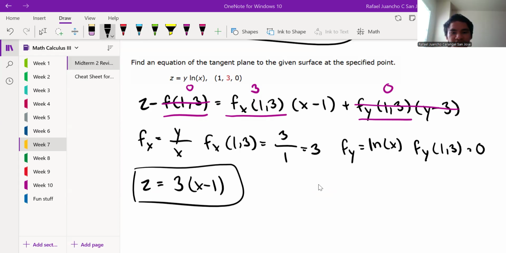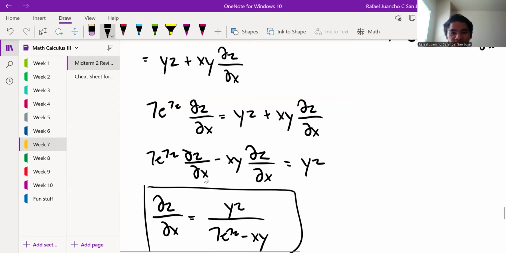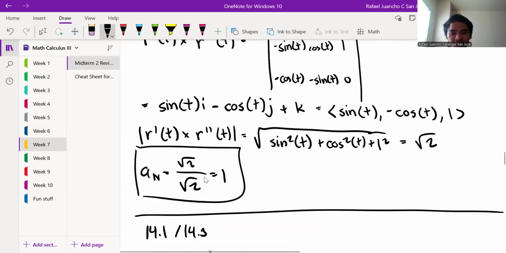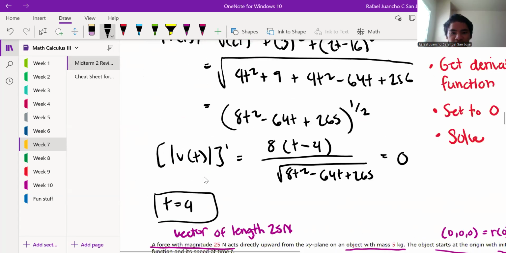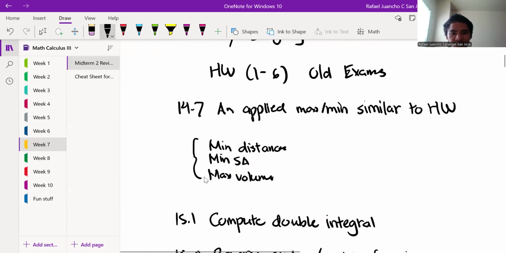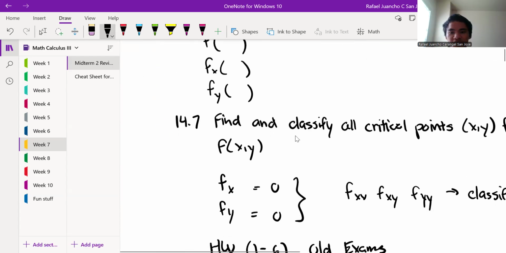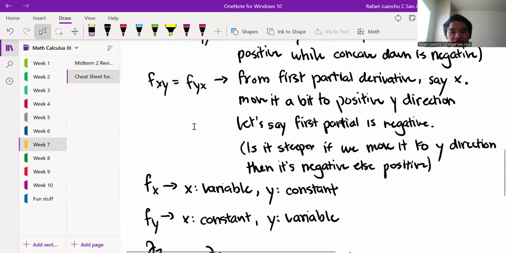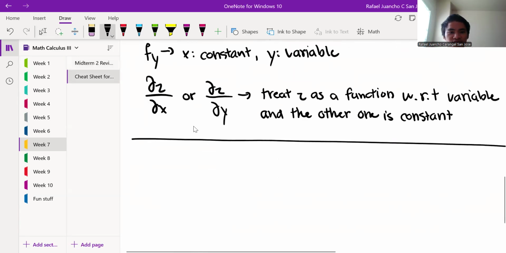We do have some linear approximations, which I'm not going to go over in depth anymore. That's pretty much it for 14.4. Did we get that? Probably got most of it. So for my cheat sheet for 14.4, it's really just computing tangent planes.